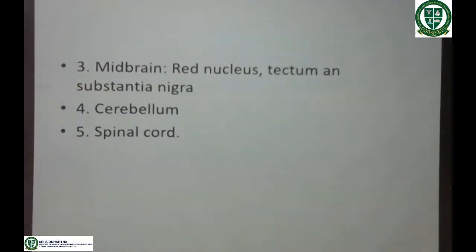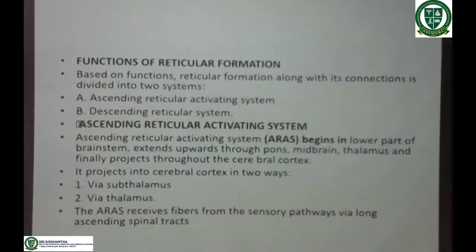So in the midbrain, it is the red nucleus, tegmentum and substantia nigra, along with the cerebellum and the spinal cord. These are all the efferents. Now you have seen the nuclei which contribute to the reticular formation, the classification depending on the site where it is present, and the afferents and efferents of the reticular formation.